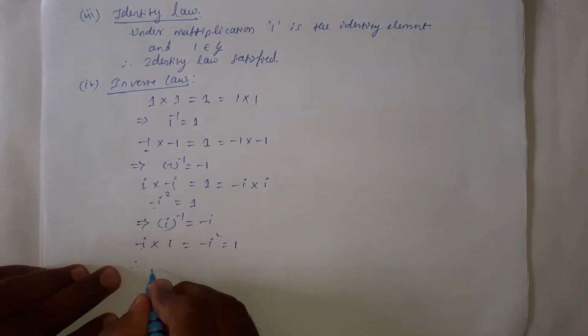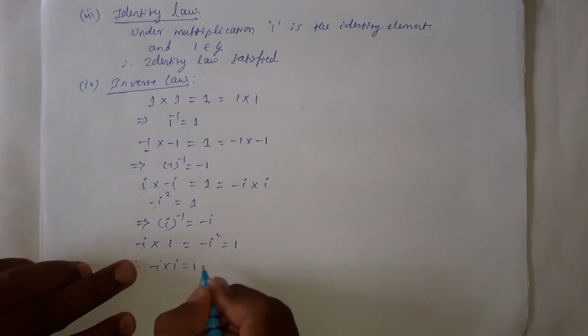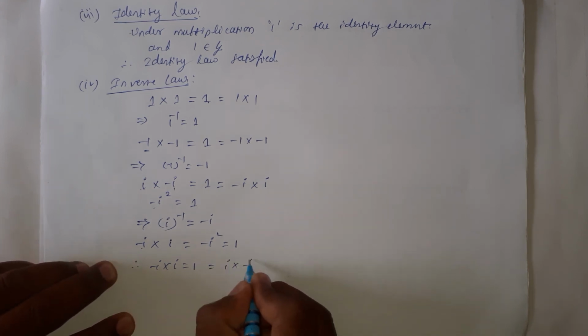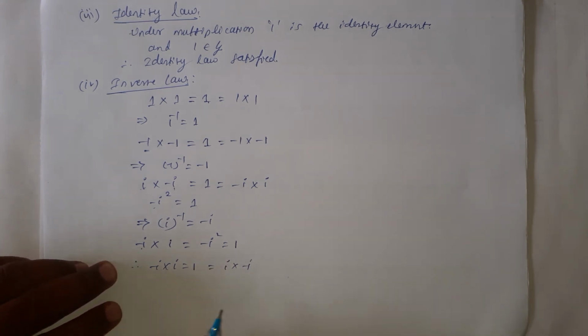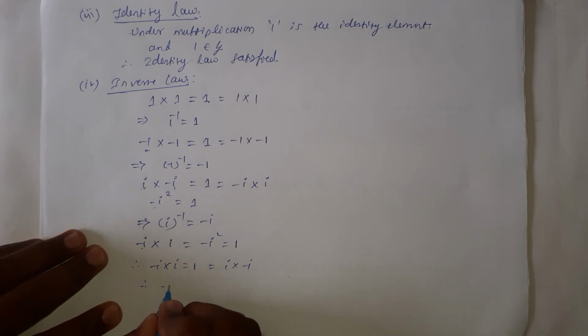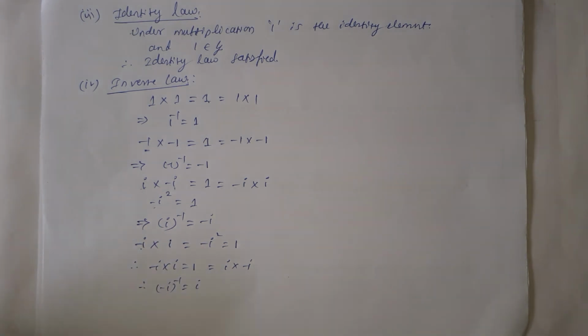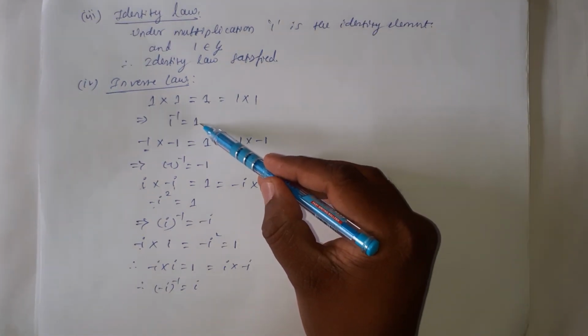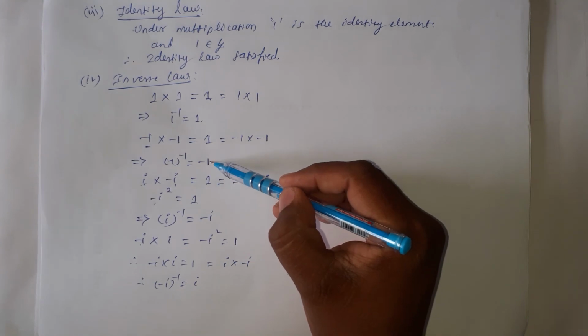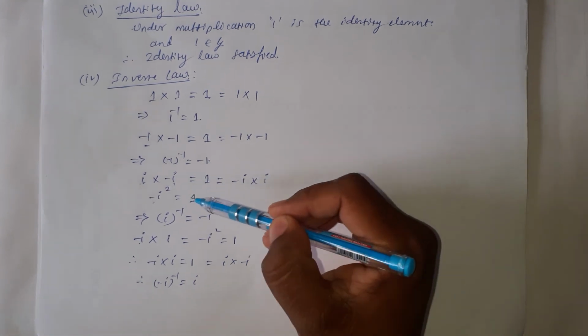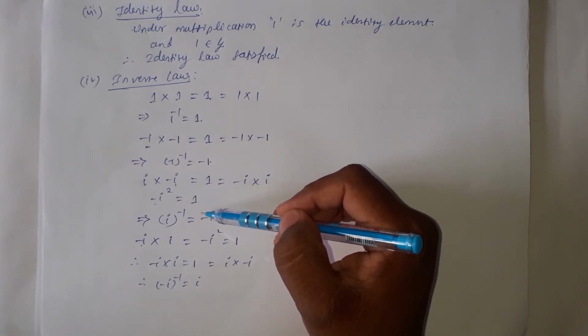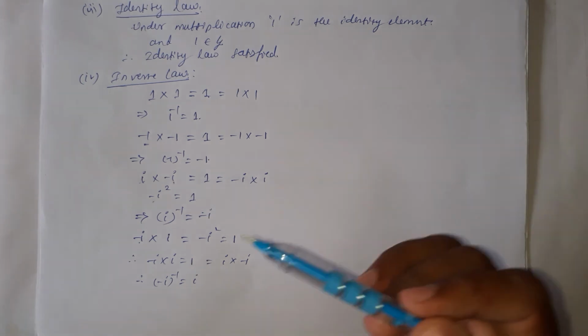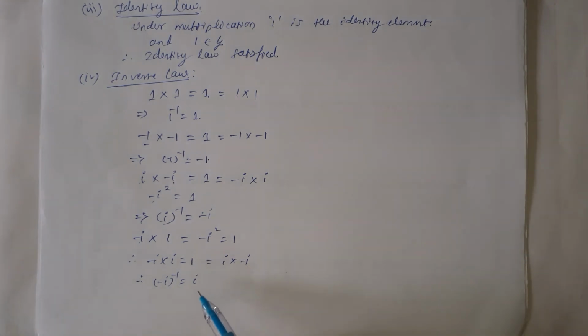So we can write minus i into i is equal to 1, or i into minus i is also equal to 1. Therefore the inverse of minus i is equal to plus i. So here see the inverses: the inverse of 1 is 1, the inverse of minus 1 is minus 1, the inverse of i is minus i, and the inverse of minus i is plus i.